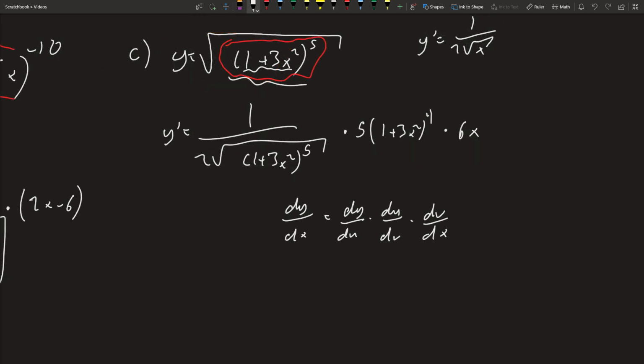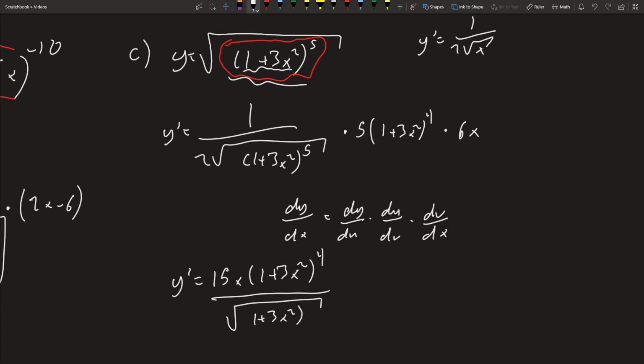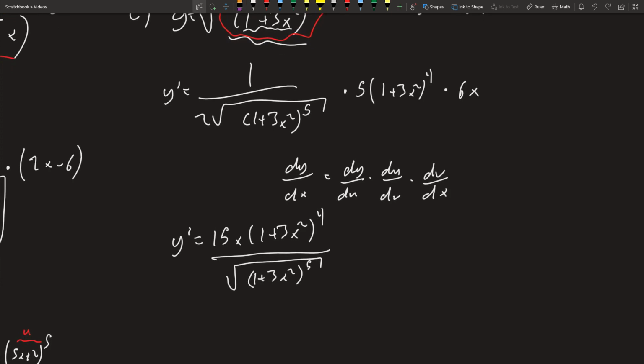Anyways, simplifying this gives y prime is equal to 15x into (1 plus 3x squared) all to the 4 all over radical (1 plus 3x squared) to the 5, right? We can simplify this a lot. Let's see. We can rewrite this as 15x into (1 plus 3x squared) to the 4.